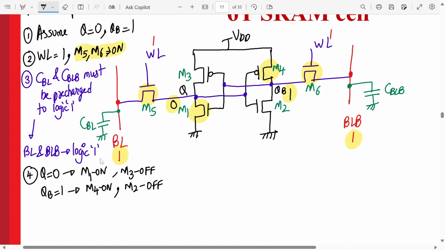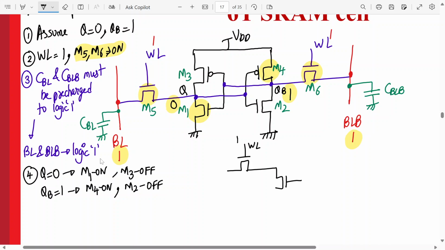Now, what is the potential difference between the bit line and Q now? What is the potential difference over here? So let me draw this section again. I have a word line which is 1. I have a signal over here.